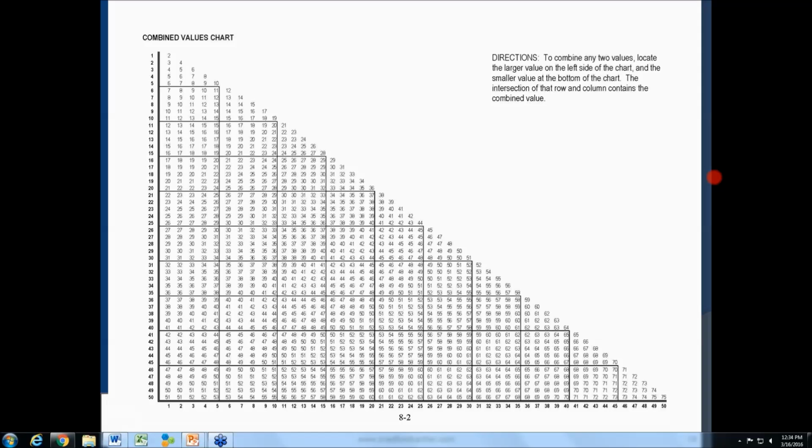So if, for instance, we want to combine 30% permanent disability with 20%, we're looking at 30%. We come across to where 20% is, and we see that combines to 44%.